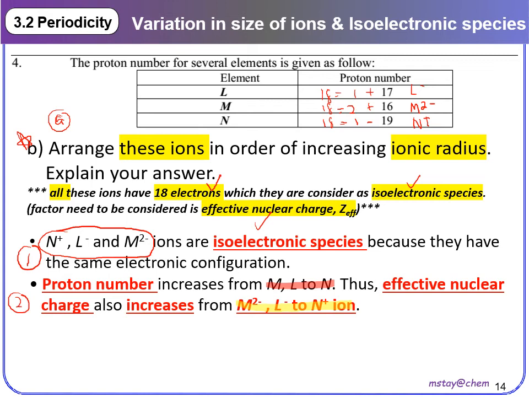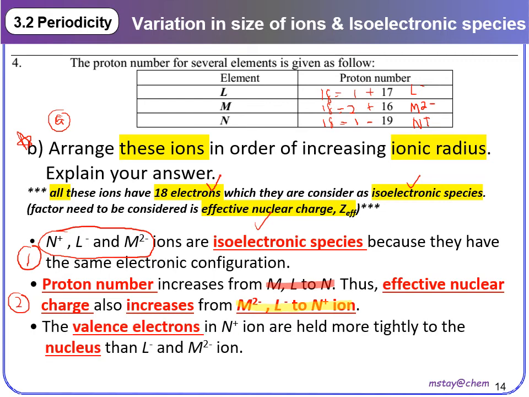In the notes, you are given the general explanation. So when you're answering the question, you can use the same terms in the explanation, but you need to add on the species given in the question. Because the effective nuclear charge increases, the valence electrons will be more tightly held towards the nucleus.